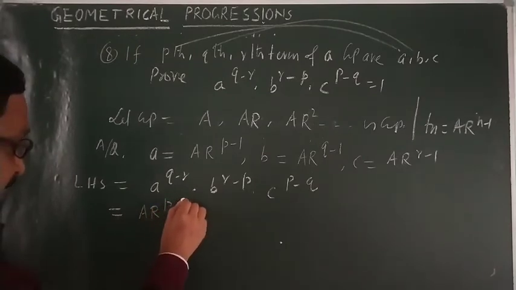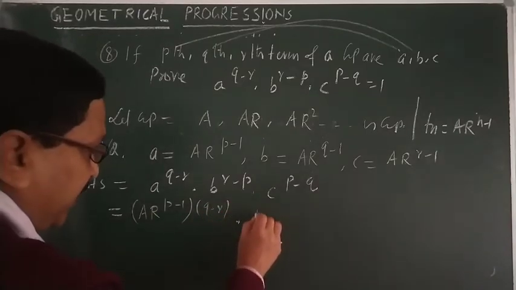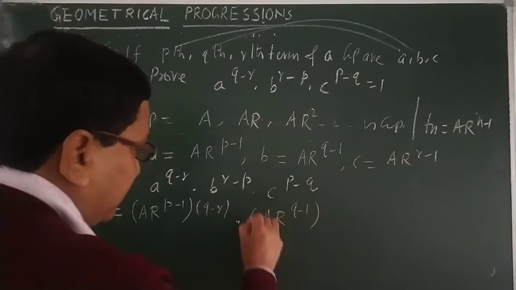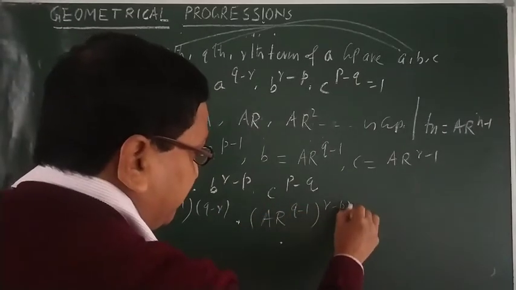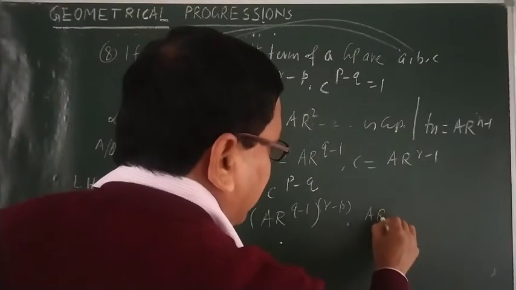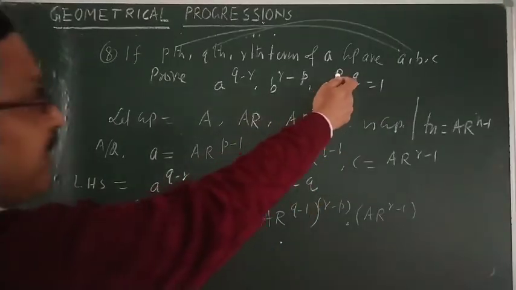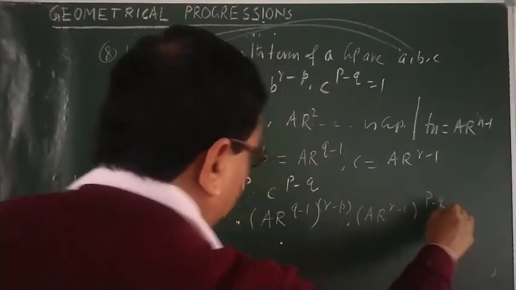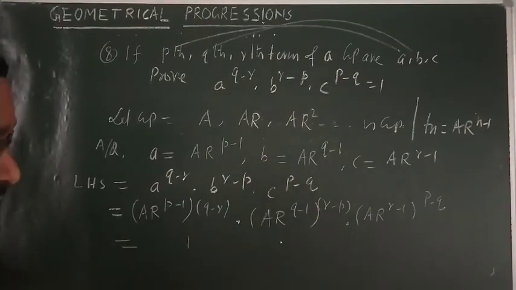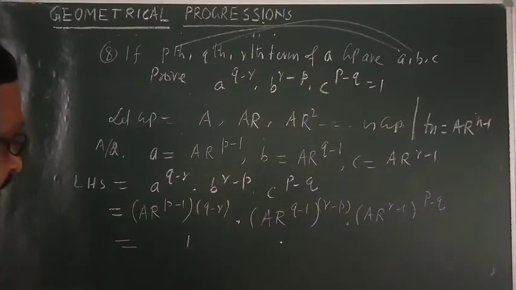AR^(p-1) whole to the power q minus r, into b is AR^(q-1) whole to the power r minus p, into c is AR^(r-1) whole to the power p minus q. When simplified, we get 1.